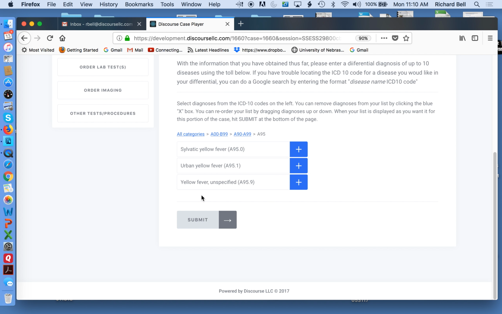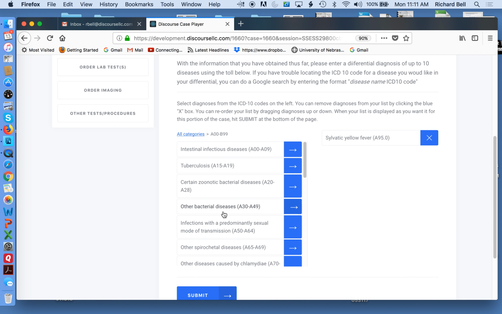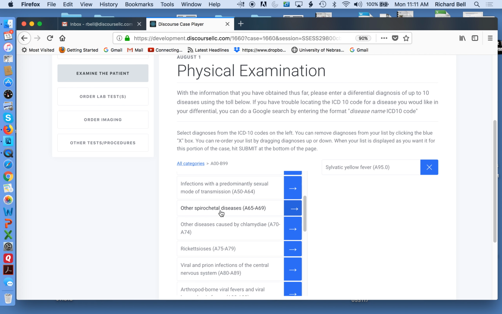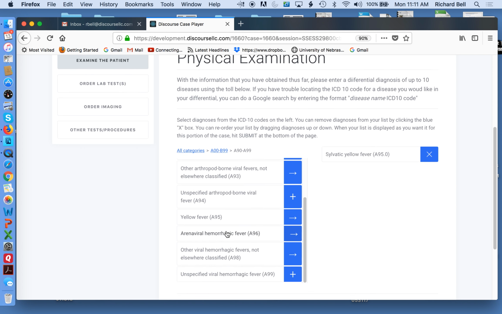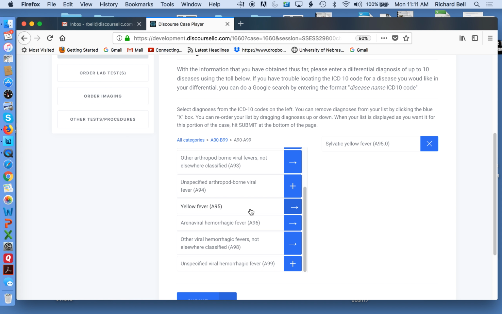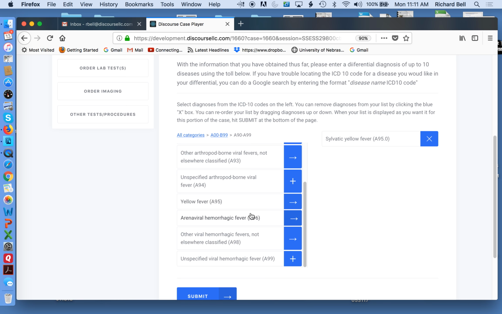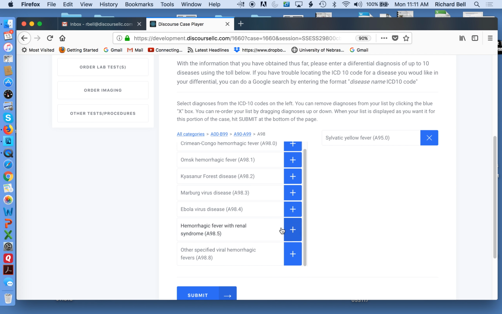Yellow fever might be one that they choose, and then they can go back and pick some others.